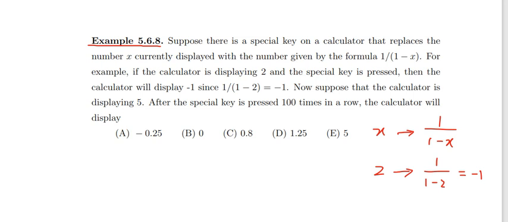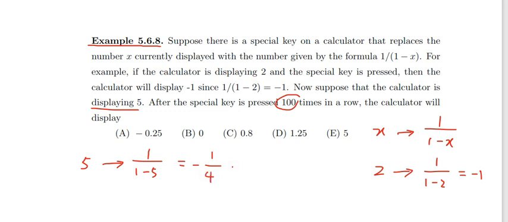Now, suppose that the display shows 5, and we press the key 100 times. What does the number become? Let's try to find a sequence. The first one is 5, then it becomes 1 minus 5, which equals negative 4.